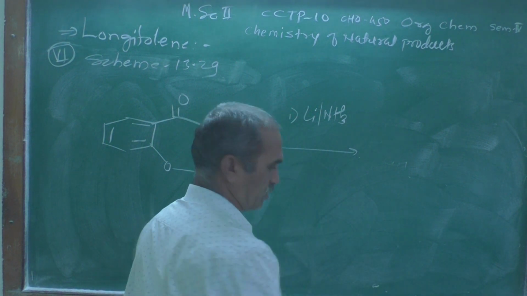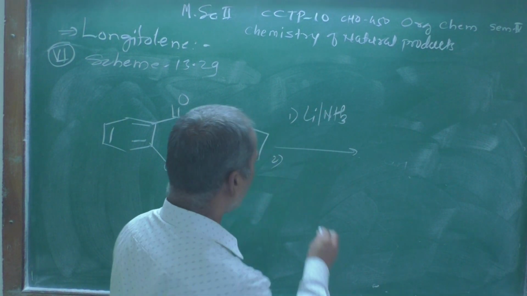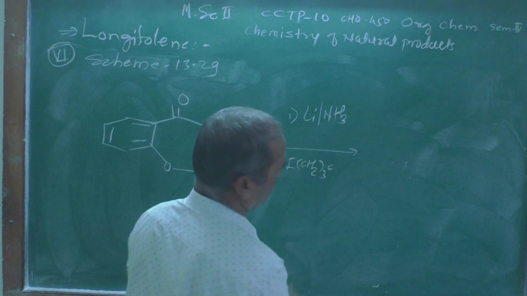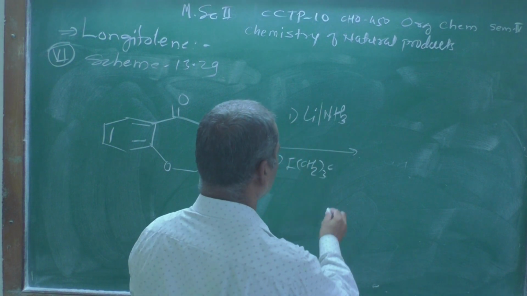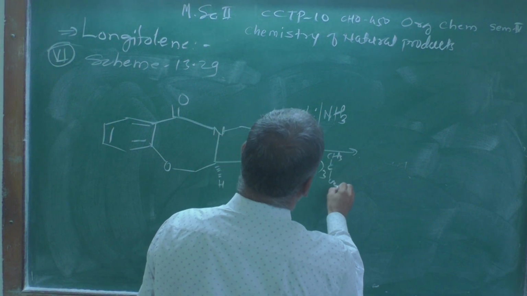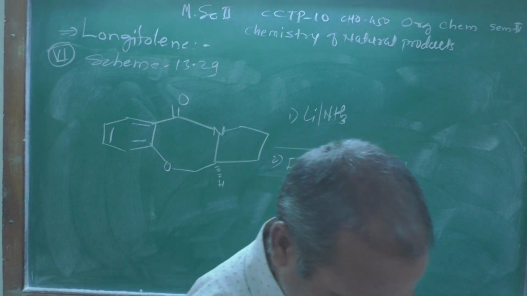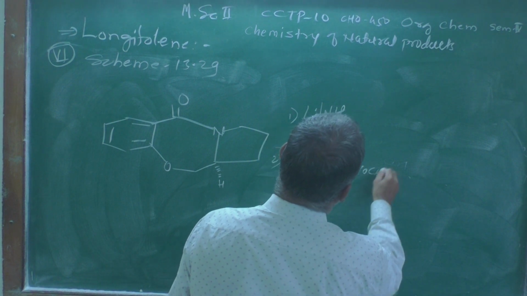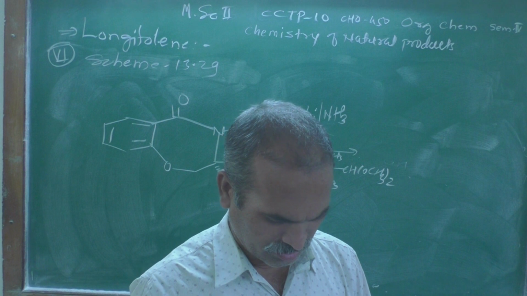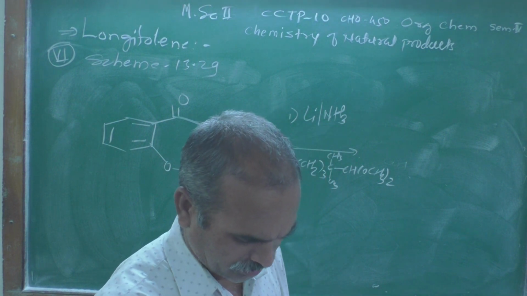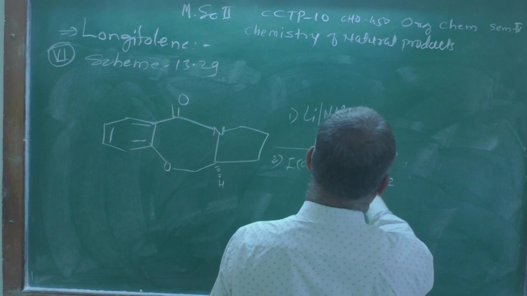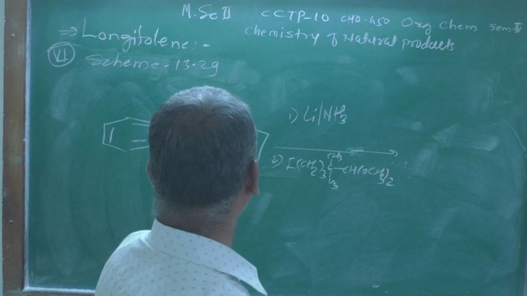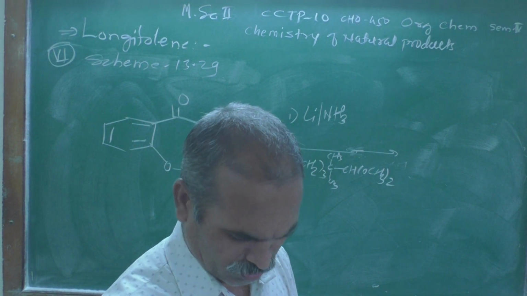Then the second reagent is added: I, then CH2 thrice, then C with CH3 and CH3, after that OCH, CH, O, CH3 twice. This is the second reagent added, and after adding it, what product do you get? It is going to be introduced at this position only.